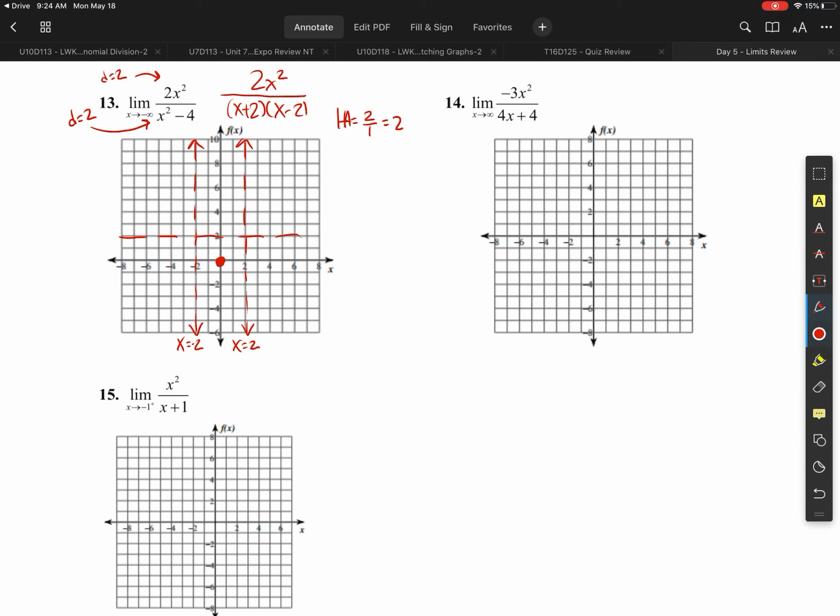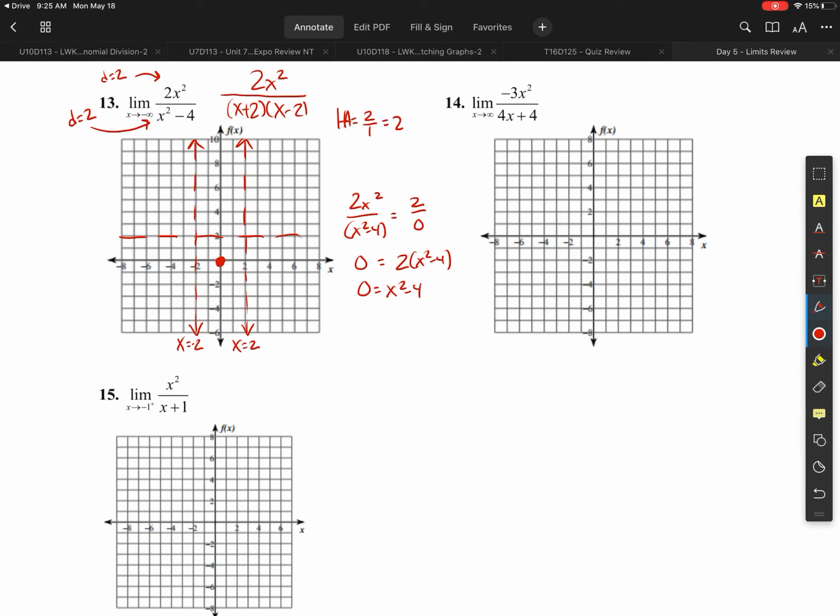Now, based on that, do we have a spot where we pass through the horizontal? With the work you have, you could plug this into your calculator and get a visual view. I'm just going through the whole algebra process. So 2x squared over x squared minus 4 equals 2. This would give us 0 equals 2x squared minus 4.